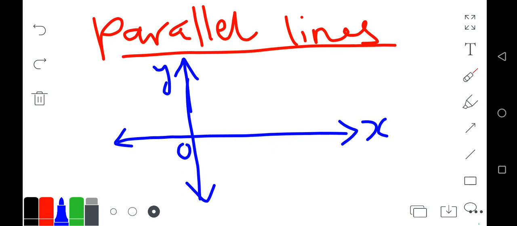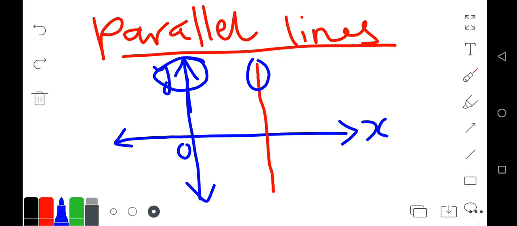When something is parallel, they are not going to meet. So if I draw a line that is parallel to the y-axis, it's going to be straight like that, meaning that this line and the y-axis are parallel to each other.